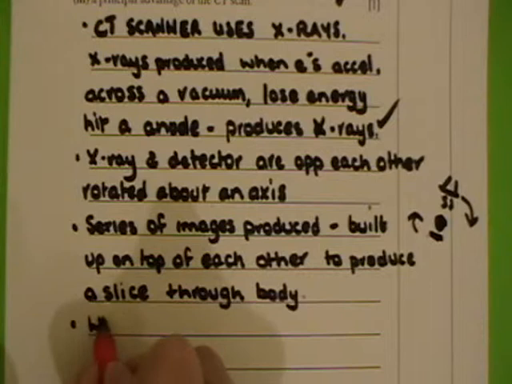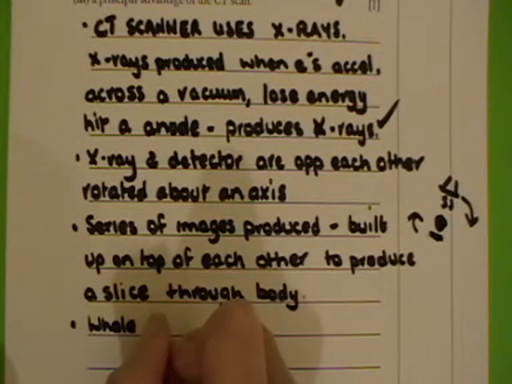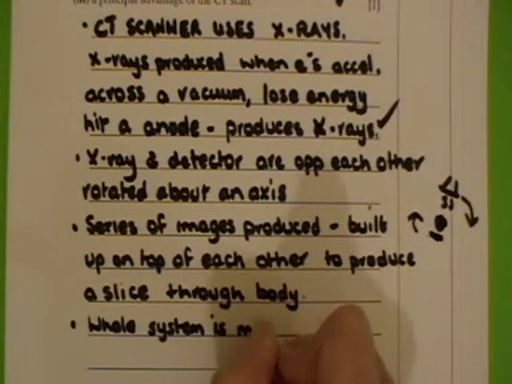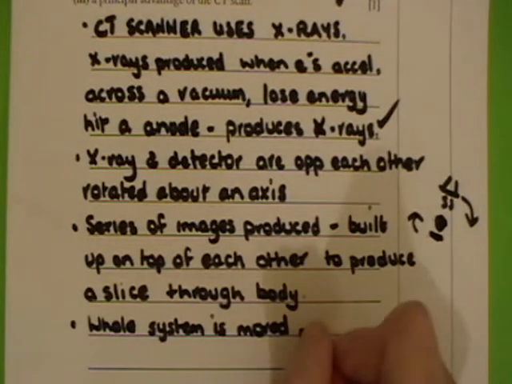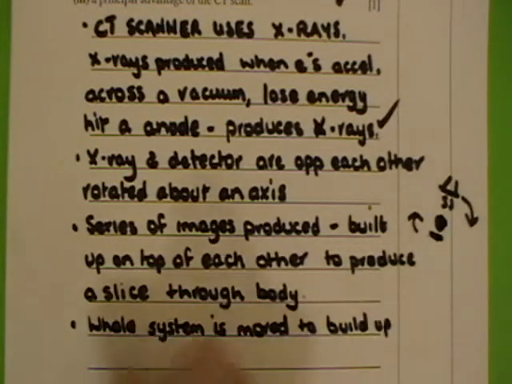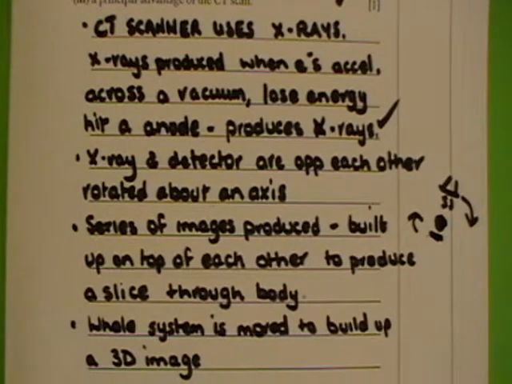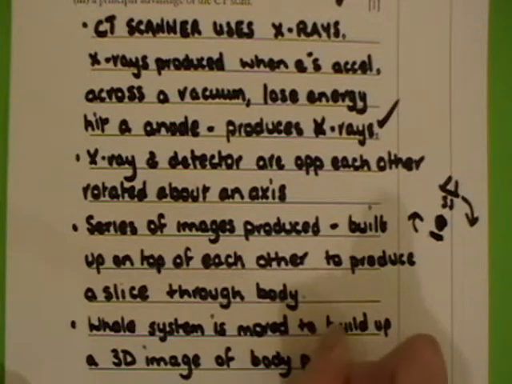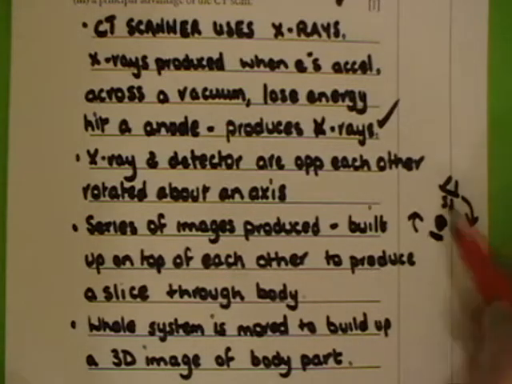So the whole system is moved to build up a 3D image of body part. So I mean, obviously there's a length of view that the camera needs to see.